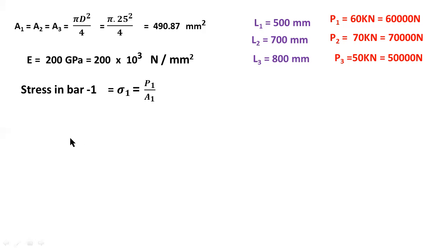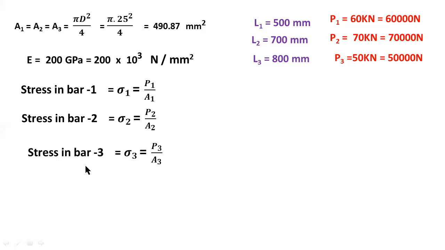We already know the formula for stress induced in bar AB: sigma 1 equals P1 by A1, where P1 is the load acting on bar 1 and A1 is the area of bar 1. Similarly, stress in bar 2 equals sigma 2 equals P2 by A2. Here you have to substitute the values of P1, A1, P2, A2, and you will get the stresses induced in each bar.